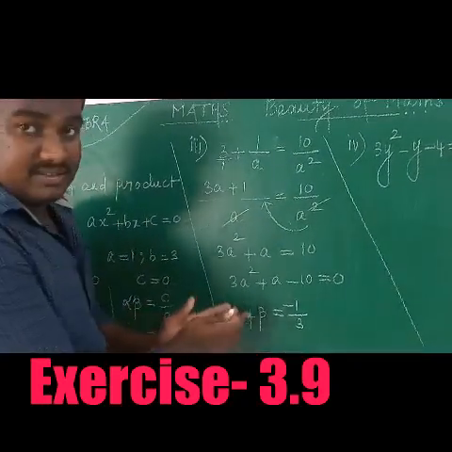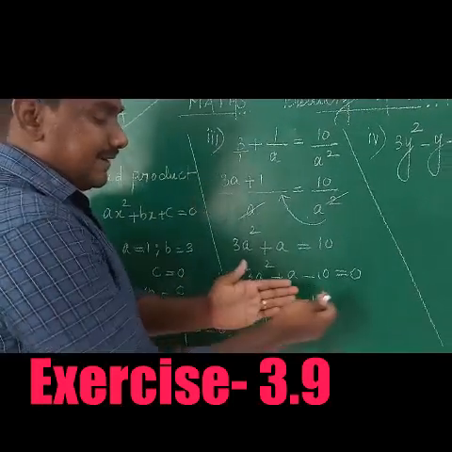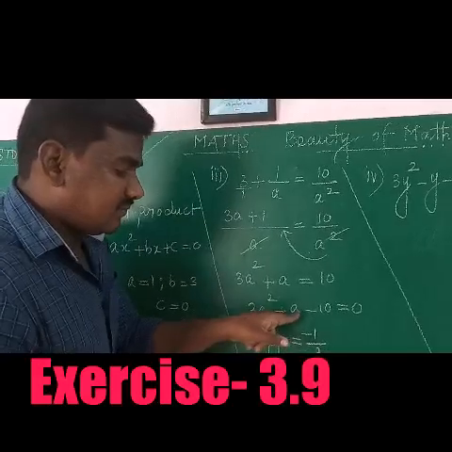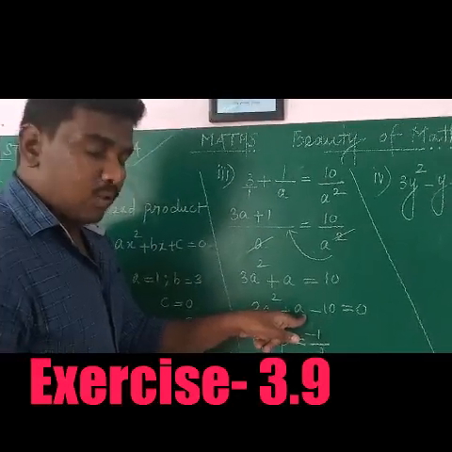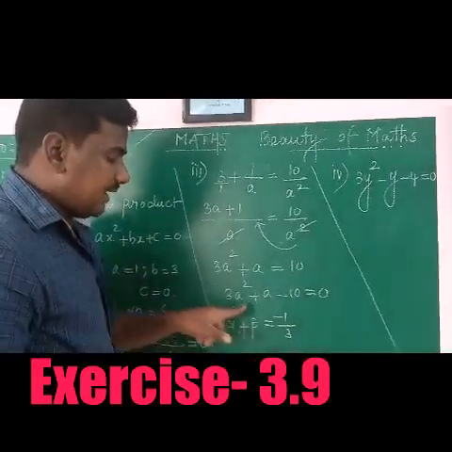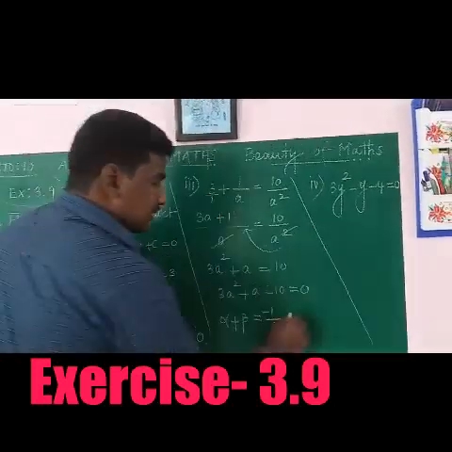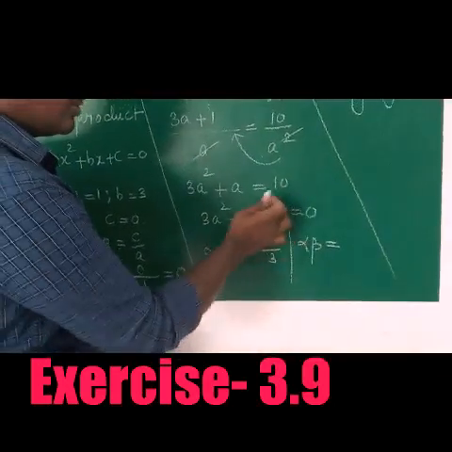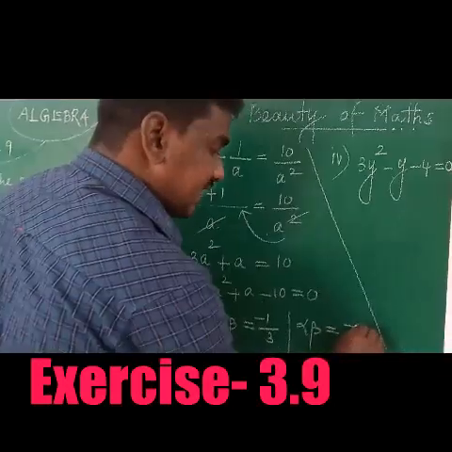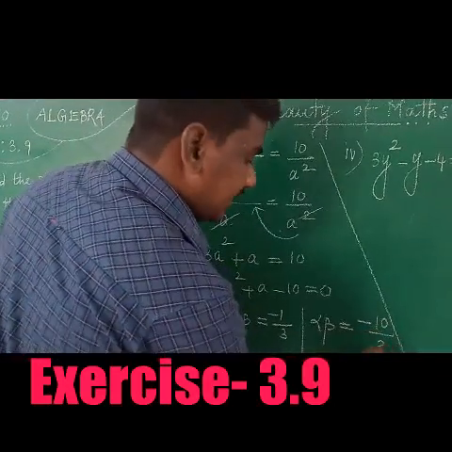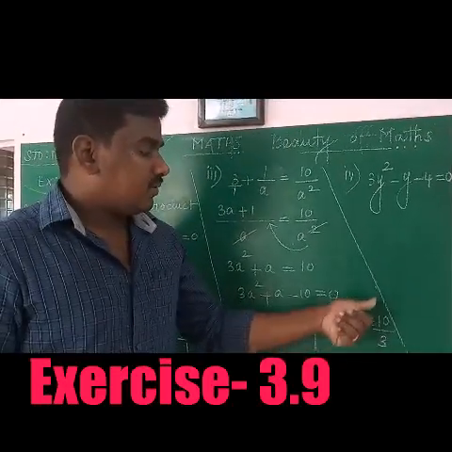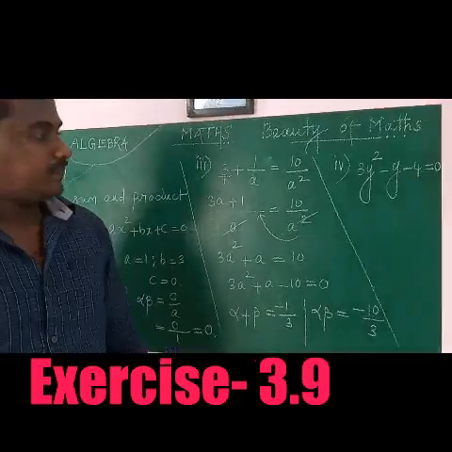Here the variable is a, that's why I did not mention x. The sum of the roots is equal to minus the coefficient of this one, so this coefficient is 1, so minus 1 by the coefficient of a square, 3. Next, alpha into beta is c by a. c is the constant term, that is minus 10 by 3. So alpha plus beta equal to minus 1 by 3. Alpha into beta equal to minus 10 by 3.